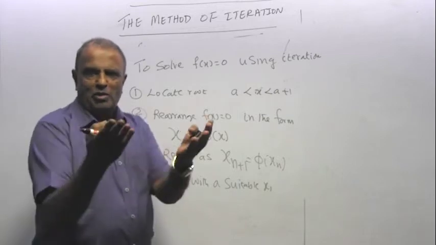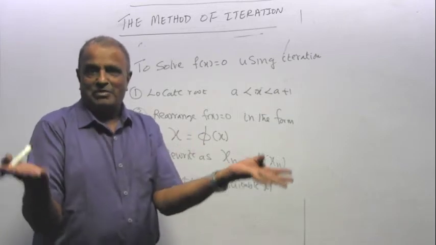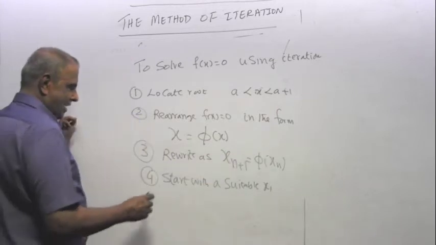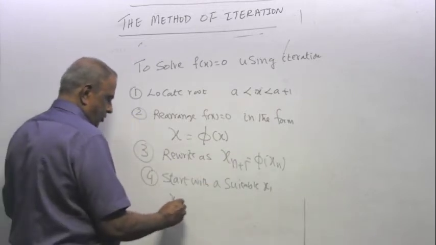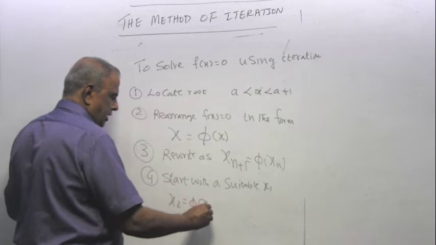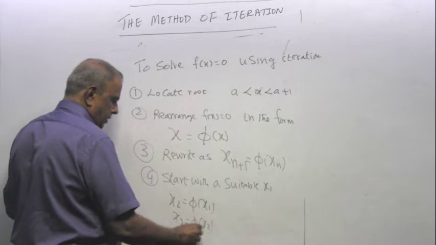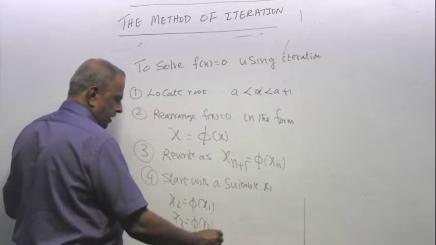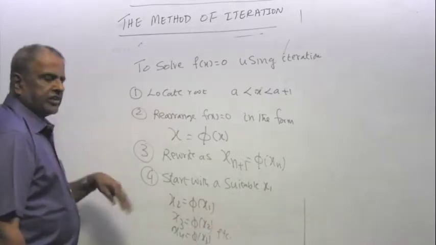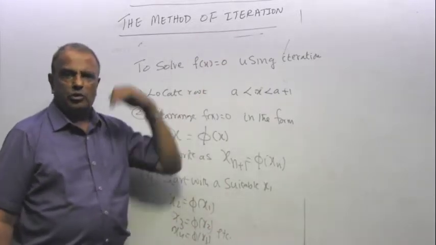You go for 3.5, if no value is given. And then x2 equal to phi of x1, x3 equal to phi of x2, x4 equal to phi of x3, etc. gives successive approximations to the root.